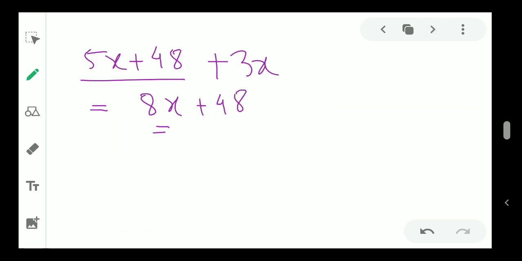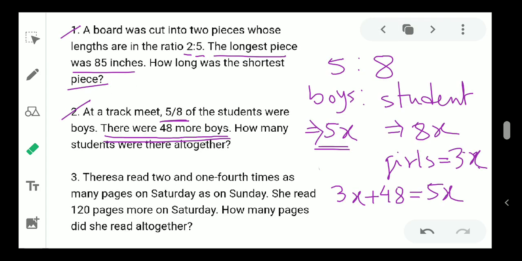There we get a condition. Sometimes questions are not that clear and you might be stuck somewhere, so you use your common sense, that yes, I need one condition to find the value of x. So let me solve this equation.